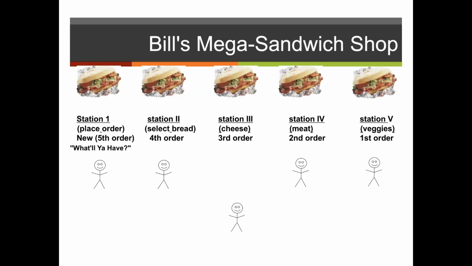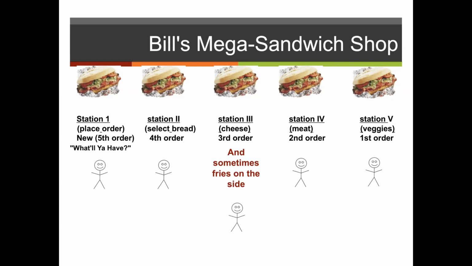Let's consider our sandwich shop example again. Let's say we have Bill, and Bill has workers that are working diligently for him to arrange and process all of the sandwiches. But Bill has a new idea: he wants to add a new option for customers, which is to allow them to order fries.